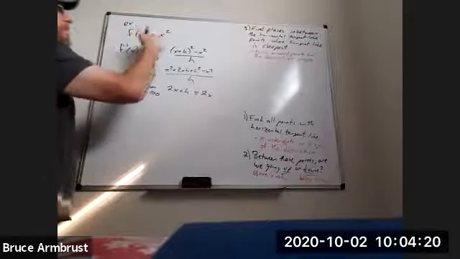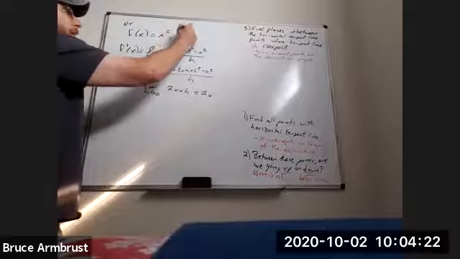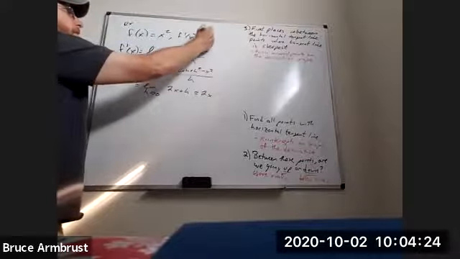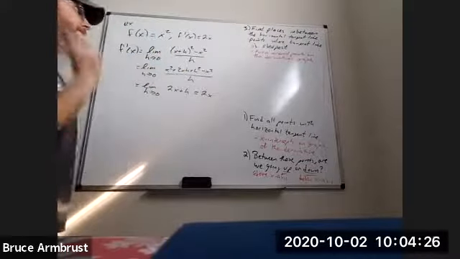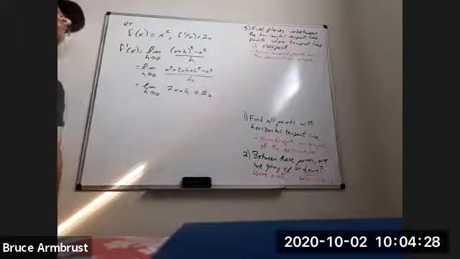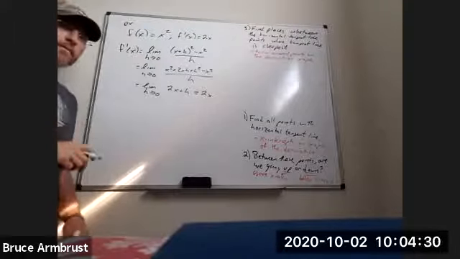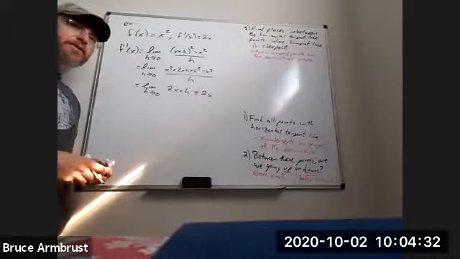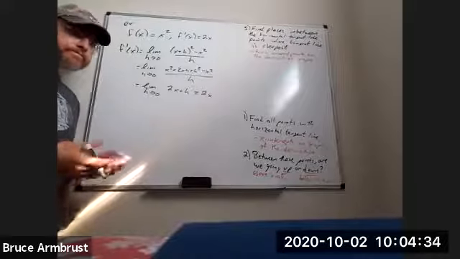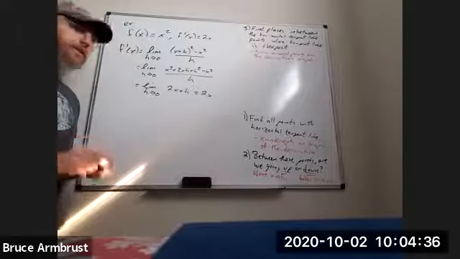All right, so if f of x is x squared, then we know that f prime of x is 2x. So we just found a first derivative. We already knew how to do that.